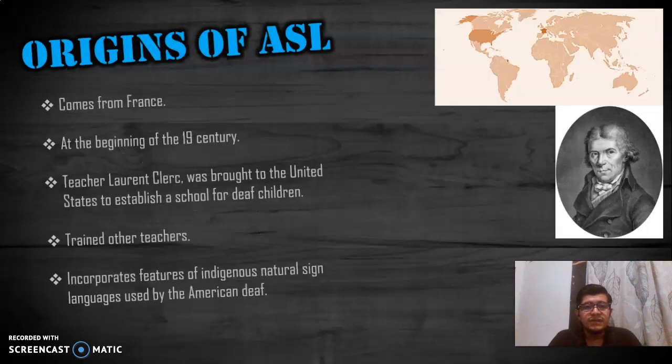The origin of American Sign Language has to do with the teacher Laurent Clerc, who was brought from France to the United States at the beginning of the 19th century to teach some students in a school.